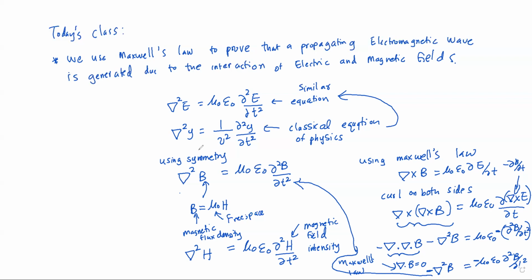So this is the equation that we derived in the last class. In today's class, we are going to study the simplest form of the electromagnetic wave that can occur.